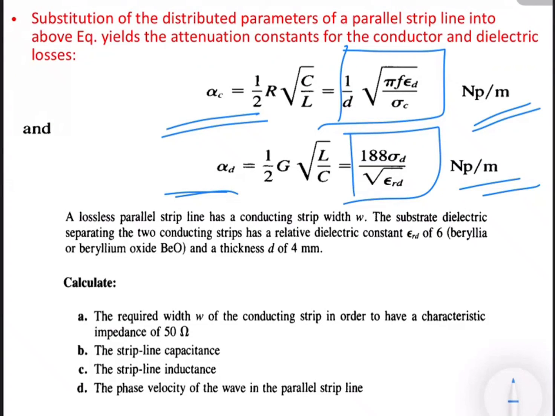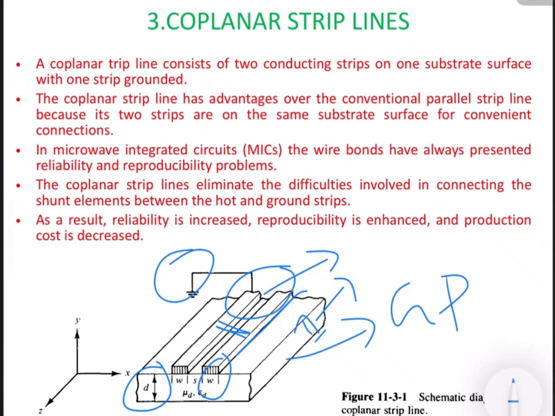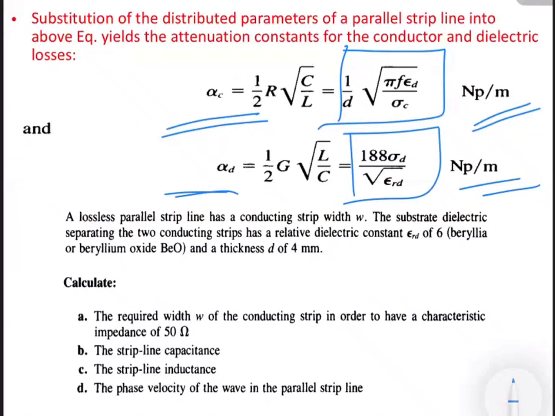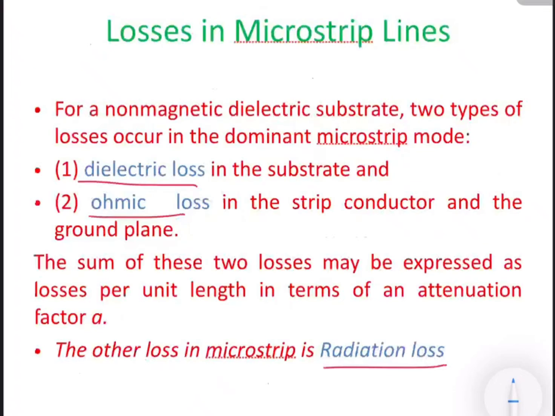So attenuation loss for a parallel strip line can be expressed in two forms, conductor and dielectric. For conductor loss it is alpha C and for dielectric loss it is alpha D. So these are the four types of losses in strip lines: the ohmic loss, the dielectric loss, radiation loss, and the attenuation loss.